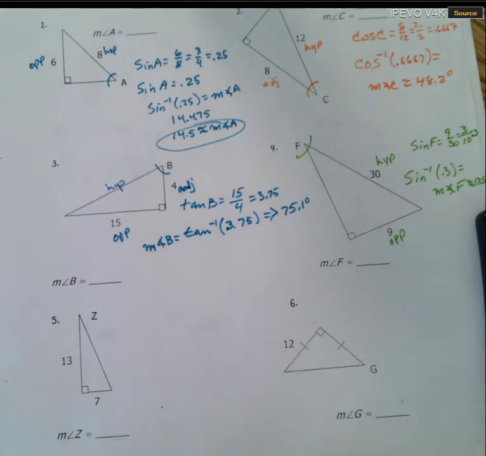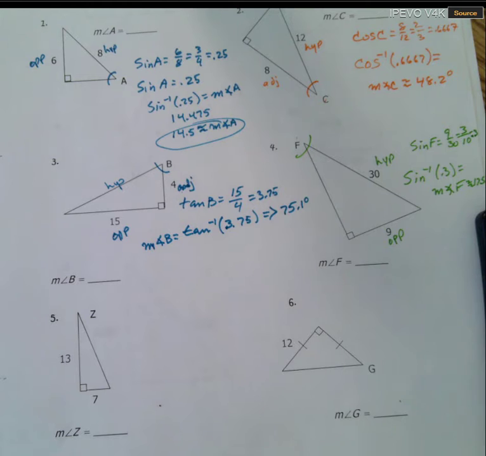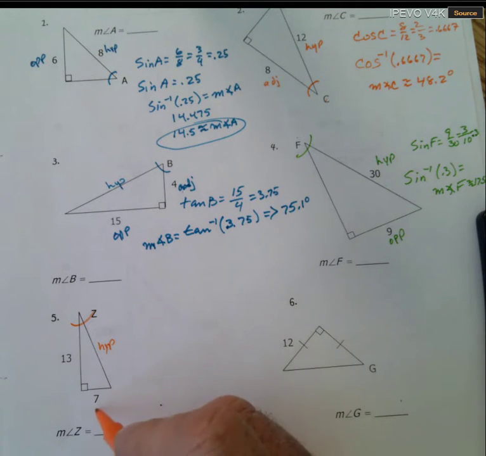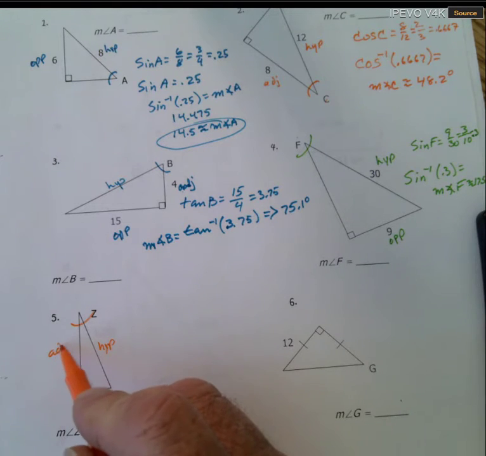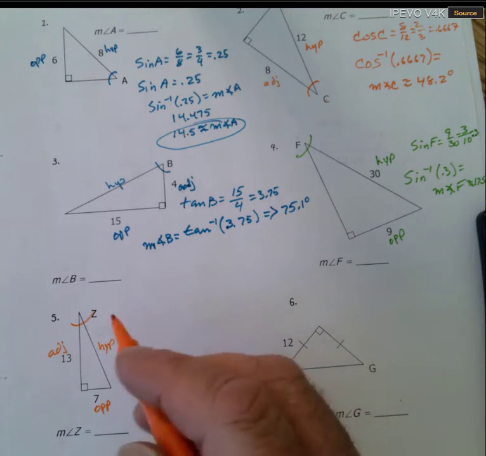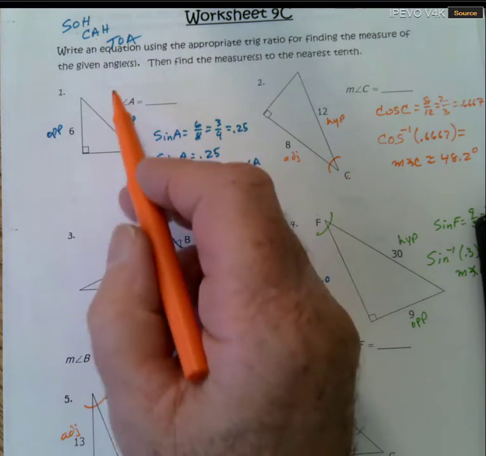So number 5. Angle Z is our angle of interest for this one. And here's the hypotenuse. 7 is opposite. 13 is adjacent. So we got an opposite with an adjacent set of numbers given to us. Opposite with adjacent means we're going to use tangent.